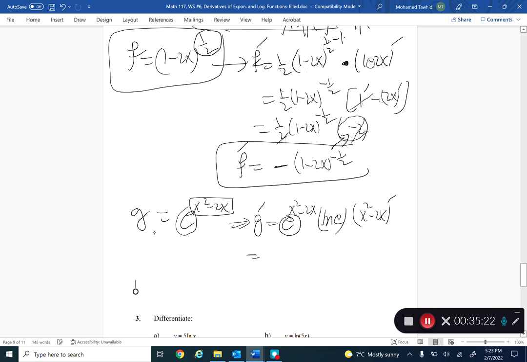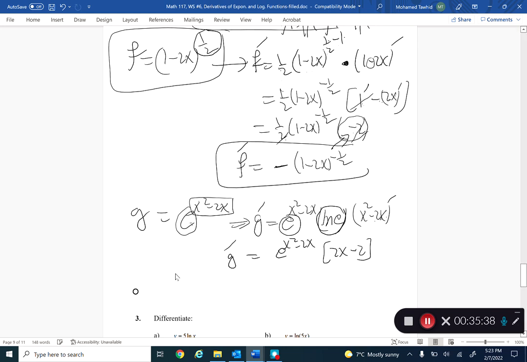If I simplify this, you will have e to the power x squared minus 2x. ln e is 1. What is the derivative of x squared? 2x. What is the derivative of minus 2x? Just minus 2. That is your g prime.